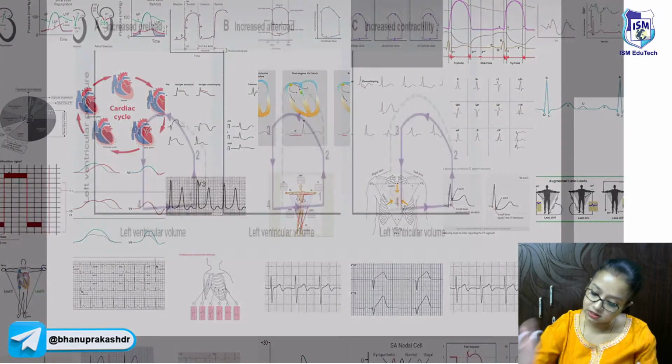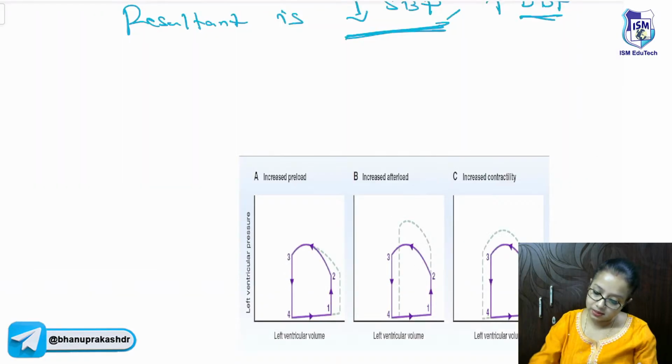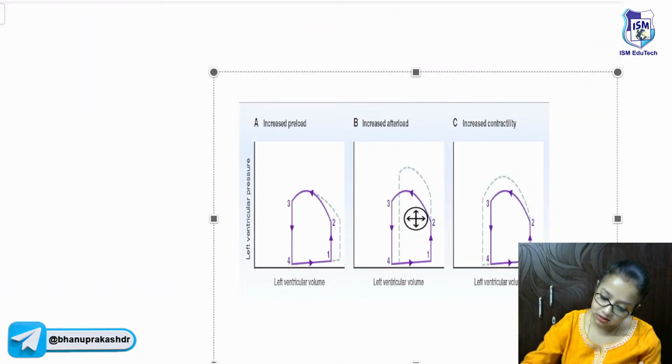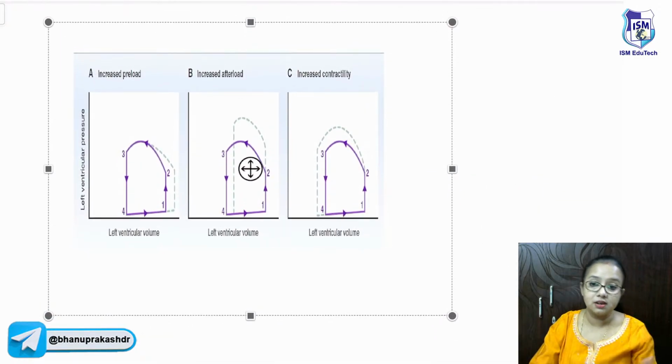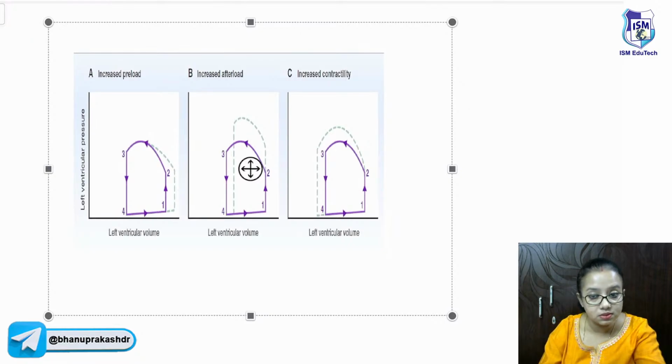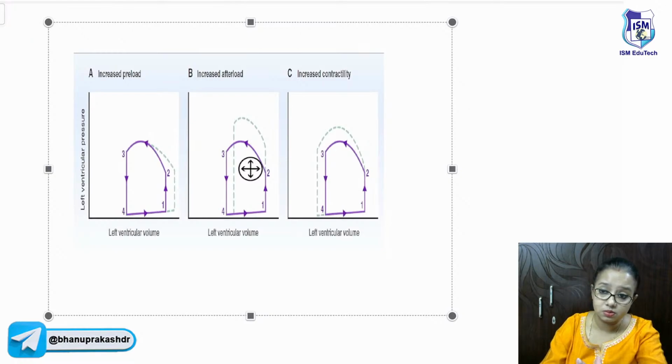now we have understood the three factors that determine the stroke volume and how stroke volume influences the cardiac output, because it's a very, very important factor of the cardiac output. Cardiac output is hugely influenced by the stroke volume and heart rate.